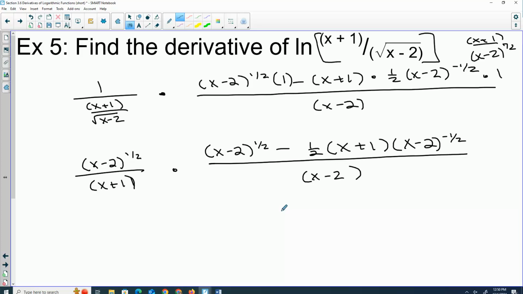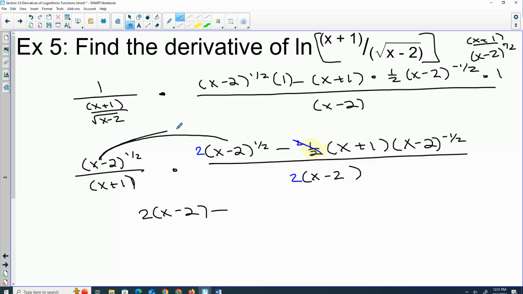Okay, I am cleaning up at this point. So, how could I get rid of this 1/2? Bring the 2 to the denominator. Yeah, so we multiply 2 to every term. Now if I distribute, 2 times x minus 2 to the 1/2 times x minus 2 to the 1/2 is 2 times x minus 2.